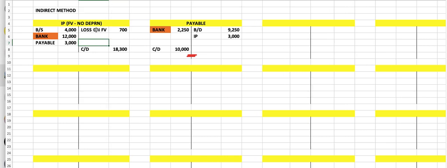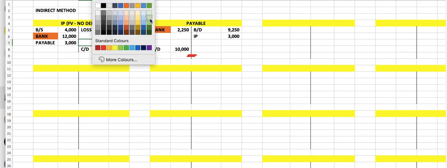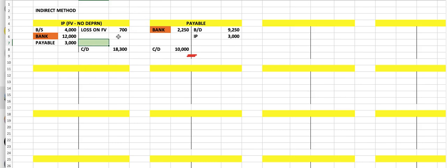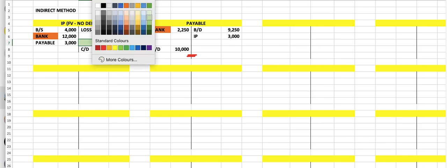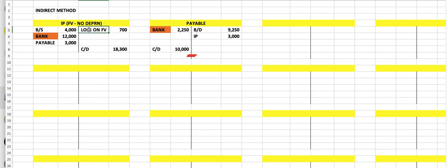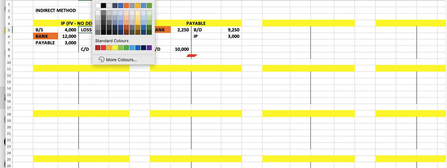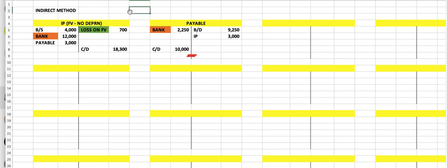Okay, so this loss, I want to put green. Why is it there? Wrong. Here. Okay, so loss on fair value is a non-cash item.